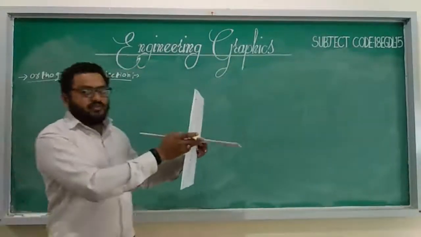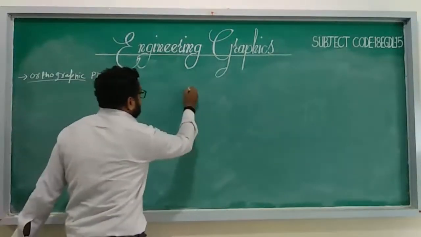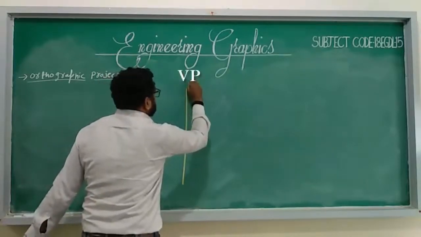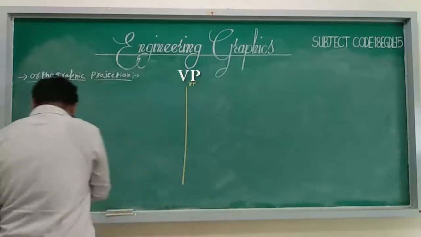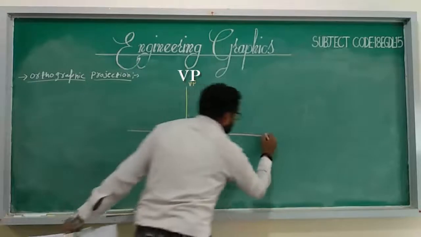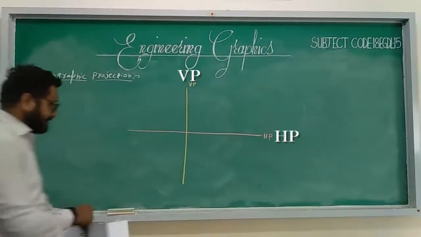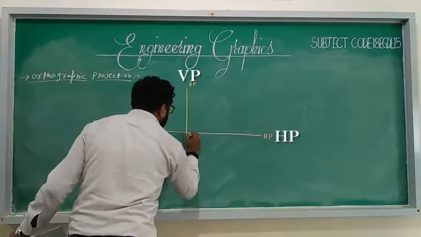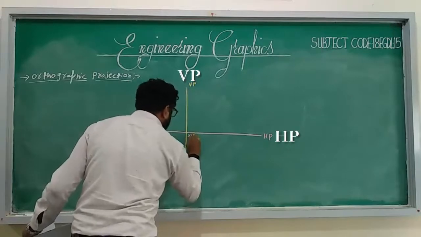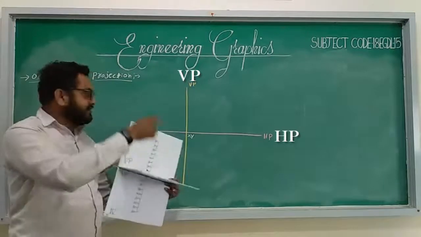If you draw it over here, how will it look? The vertical plane and horizontal plane, and this intersection point will be XY. The intersection is here, X and Y. So this is how it is.